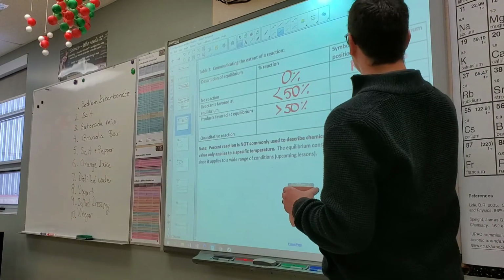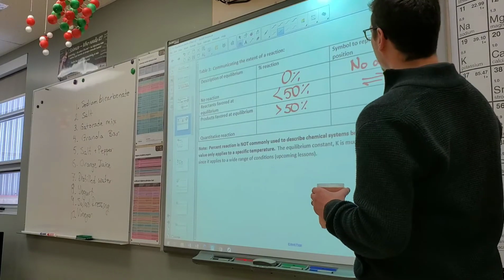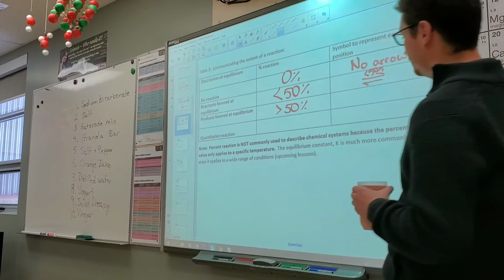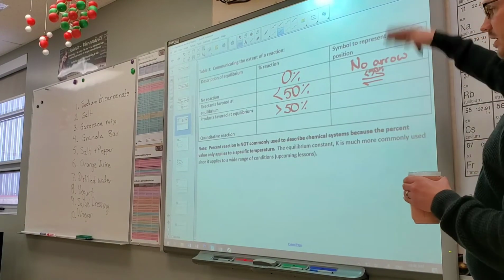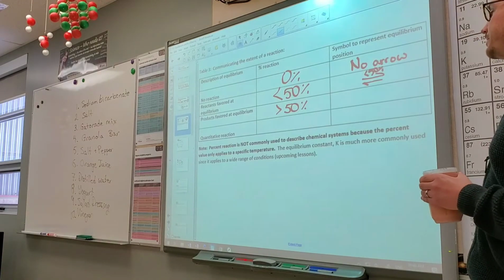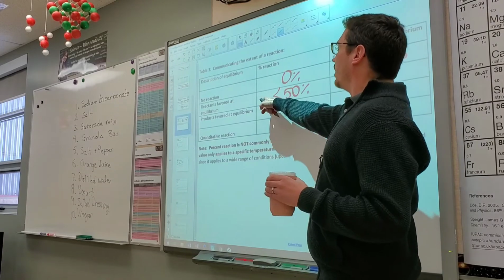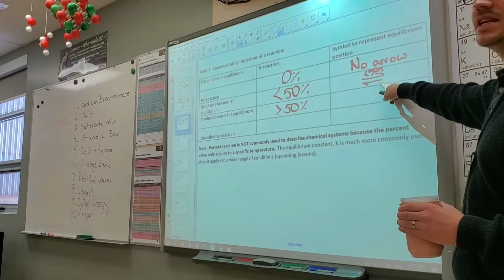So what we're going to do is use an equilibrium arrow, and we're going to put the number less than 50% above it. Now I'm writing small, and that's because I didn't make this bigger than I should have, but because we're talking about equilibrium, we have to use equilibrium arrows.